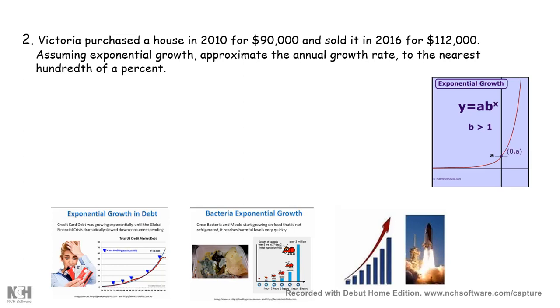All right, so let's take a look. If we're going to do this algebraically, and on the quiz you most likely will have to do it algebraically, the ending amount after 6 years is 112,000. We started at 90,000, and then it's 1 plus the rate, but the rate is what we're trying to find, raised to the 6th power.